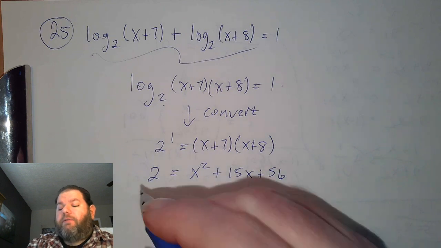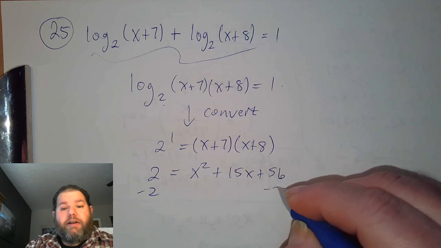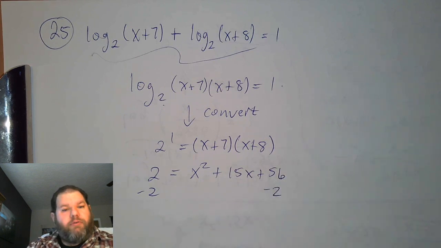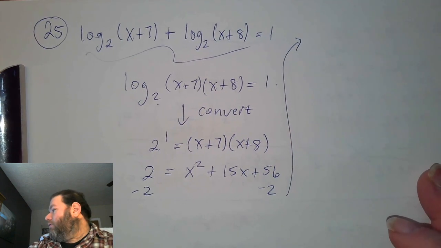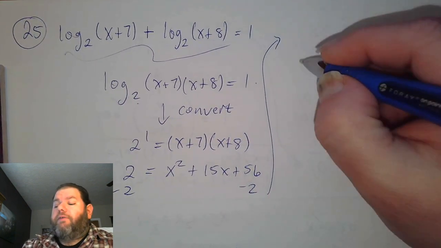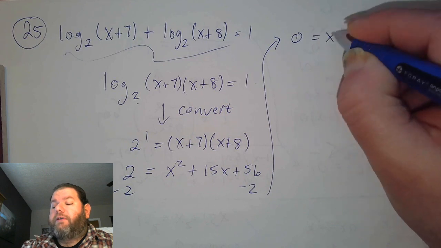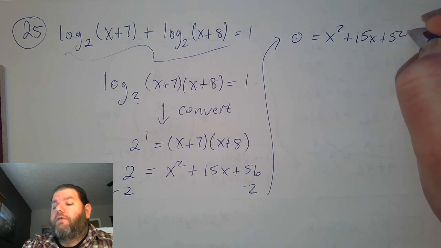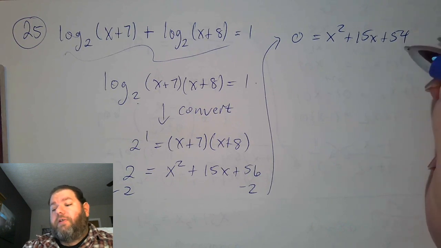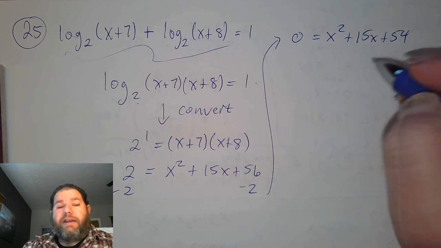Now, next we subtract the 2 over. That way we can get it equal to 0, because if it's quadratic, we want it equal to 0, generally speaking. So that leaves us with 0 equals x squared plus 15x plus 54. So now we need two numbers that multiply to 54 and add to 15.